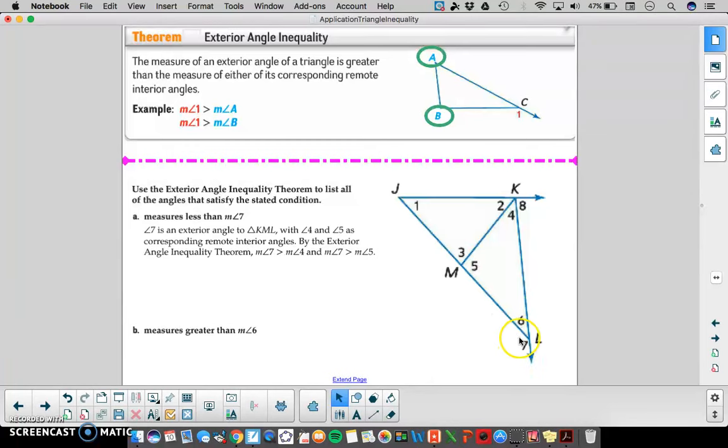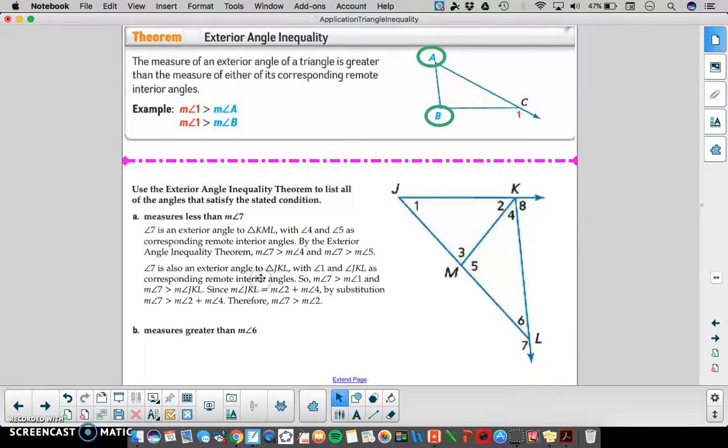But angle 7 is also exterior to this larger triangle JKL, with angle 1 and angles 2 and 4 as the remote interiors. Well, we know that angle 7 has to be bigger than angle 1 according to the exterior angle inequality.